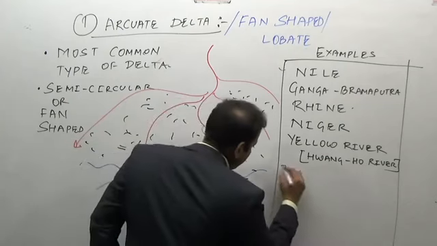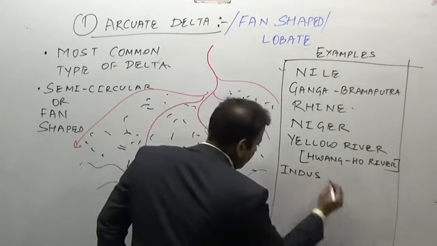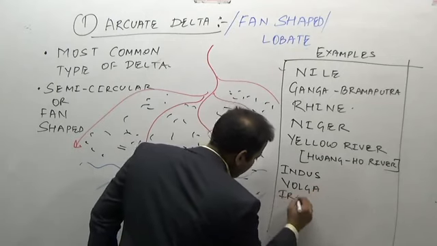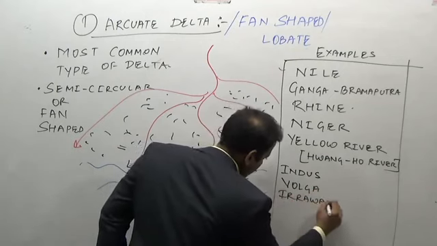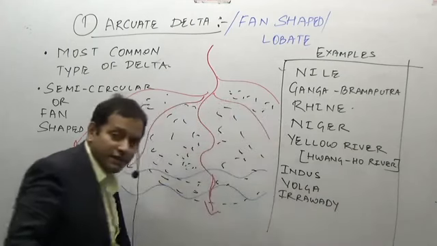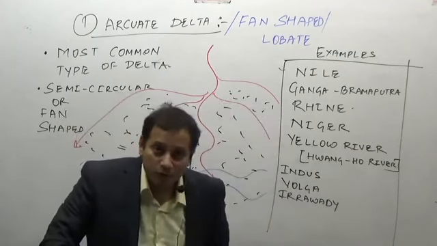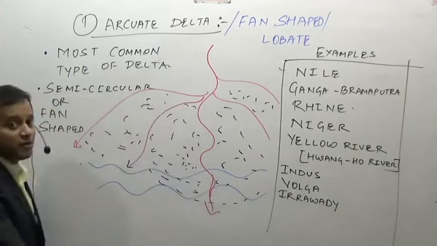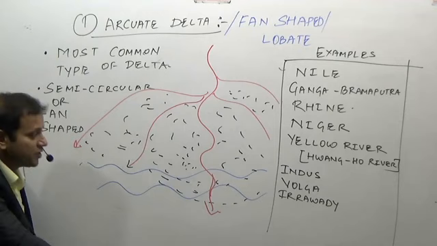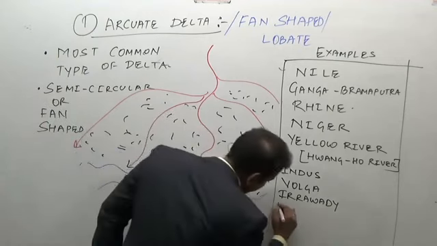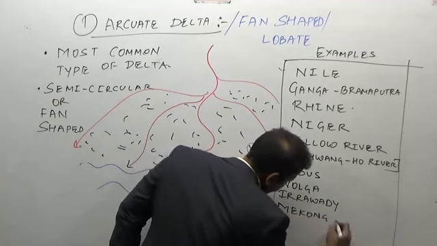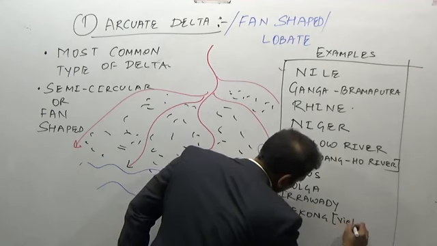Indus Delta, Indus River, Volga River, Irrawaddy River. Where is the Irrawaddy River? Which country? Burma or Myanmar. The Irrawaddy River system of Myanmar is very famous for timber production. Volga River, Russia. Mekong River, Vietnam.